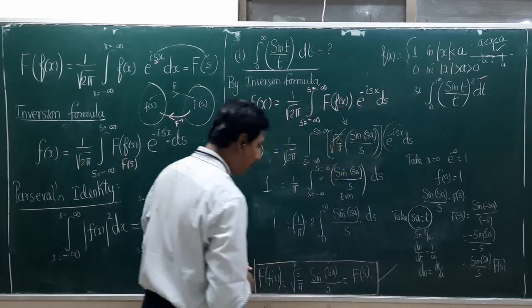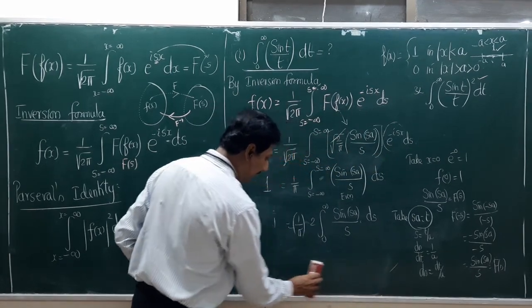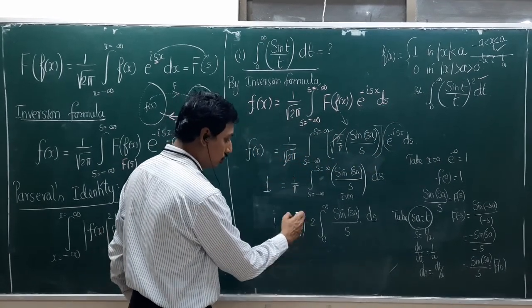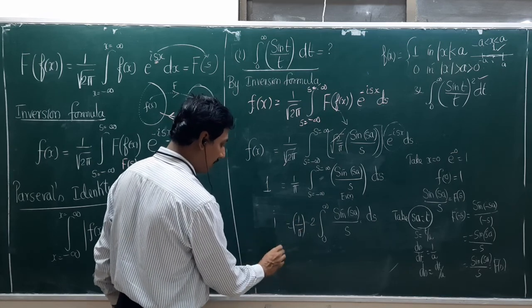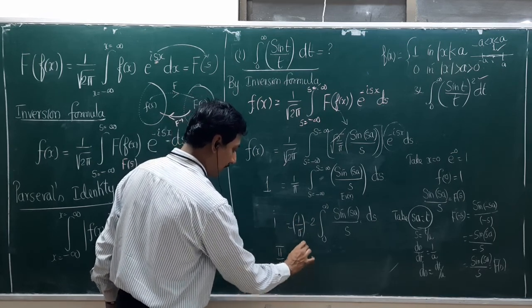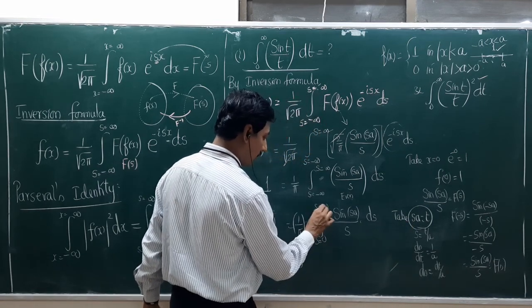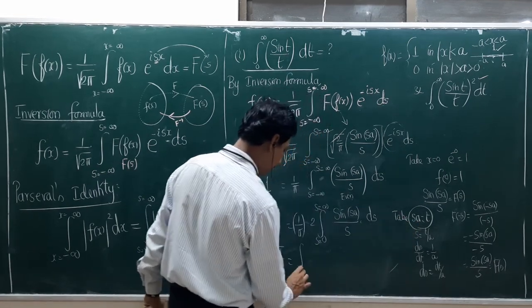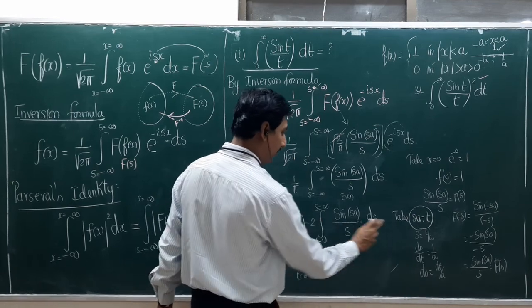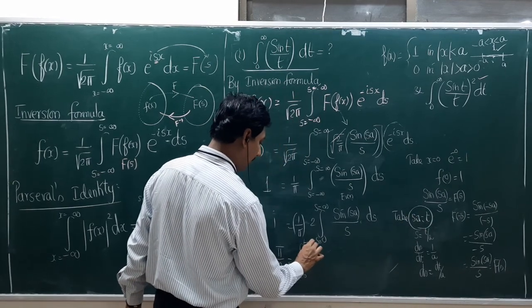Can I convert this in terms of t? This is 1 by pi into 2, so taking the reciprocal, pi by 2 is equal to the integral. When s is equal to 0, t is also 0, and when s is equal to infinity, t is also infinity.